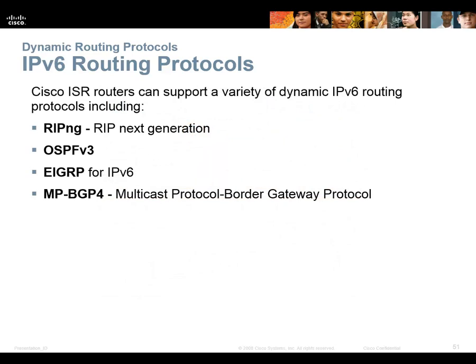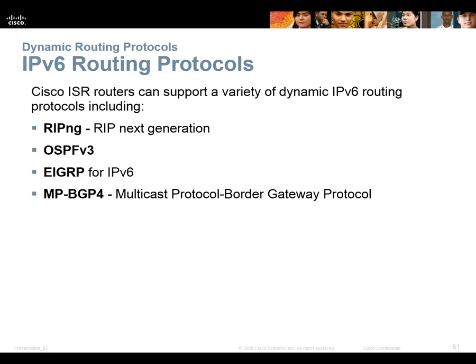So in talking about IPv6 routing, we have Cisco supporting RIPng, which is the next generation of RIP, OSPF version 3, which is IPv6 capable, EIGRP for IPv6, which is just called EIGRP for IPv6, and then one called MP-BGP4, which is Multiprotocol Border Gateway Protocol.